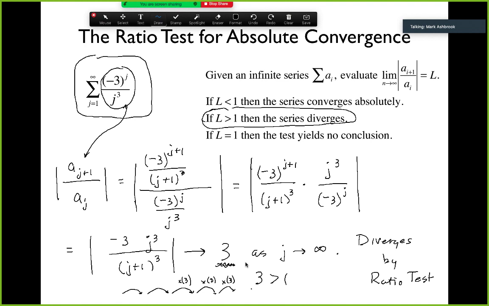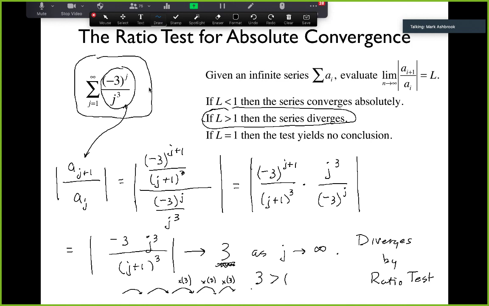The fact that we get a 3 here, 3 is the multiplier, means this series is becoming, in the end, like a geometric series with r equals 3. The multiplier will keep changing from term to term, but it will get closer and closer to 3. And if it gets closer and closer to 3, it's like this thing is becoming geometric with an r value of 3. And so we know that diverges because r is greater than 1.